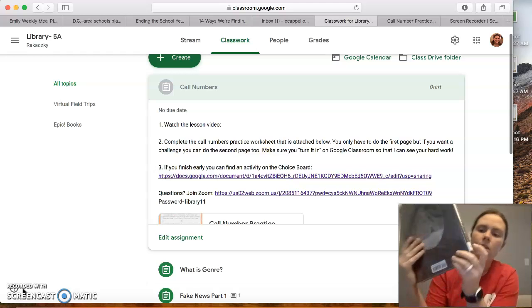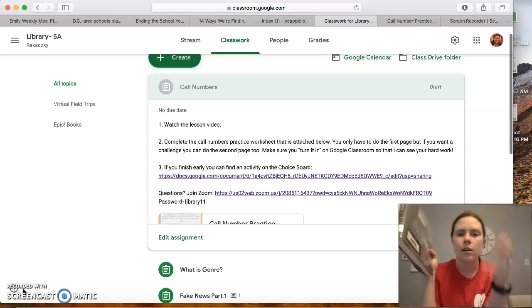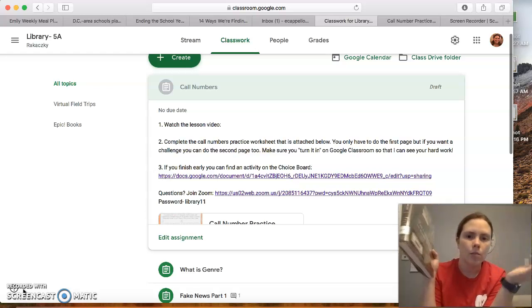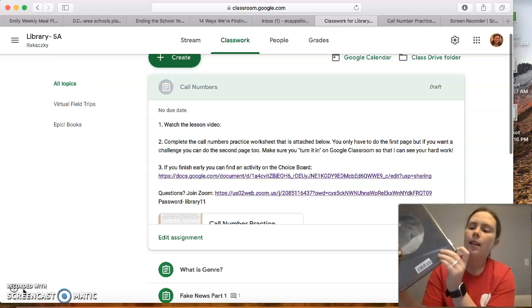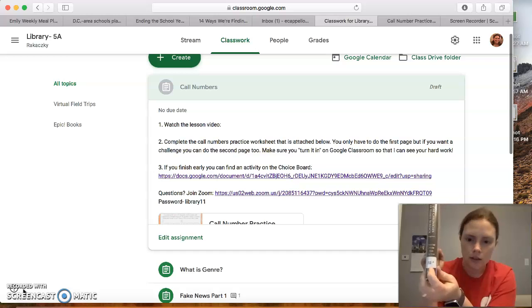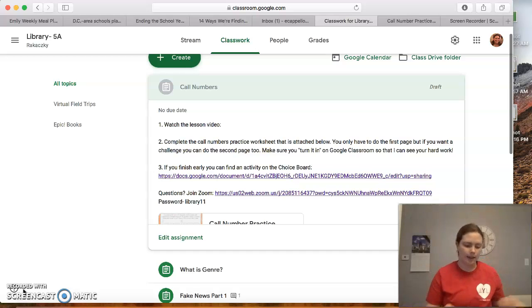So as you can see, there's a number first, and each like 100s are a certain subject, and then 200s, 300s, like 500s are animals, 800s are literature, like poetry and short stories. And then again, the first 3 letters of the author's last name. So we're not going to go into too much detail on that today, but I just wanted to point that out to you guys. So I don't have a video for you to watch. It's just me today.